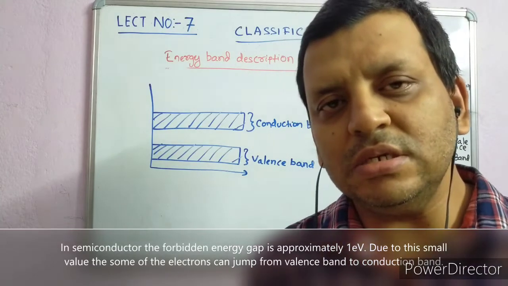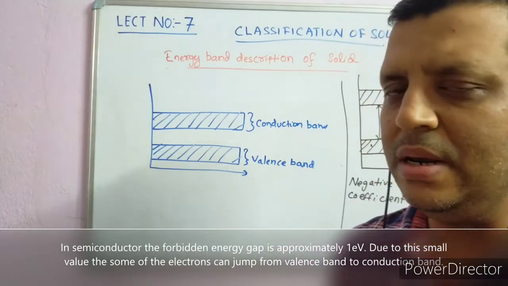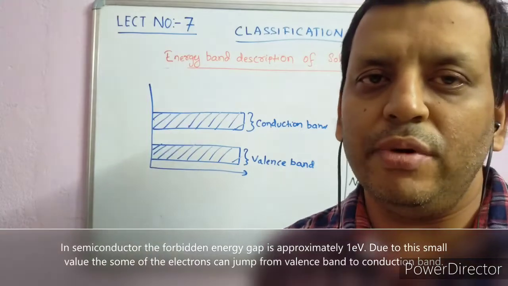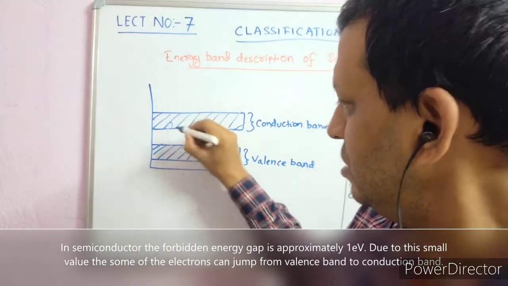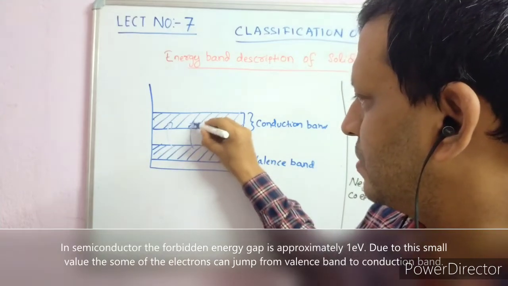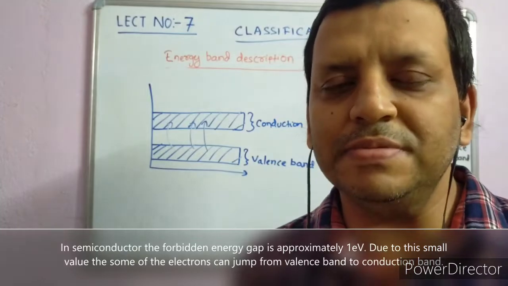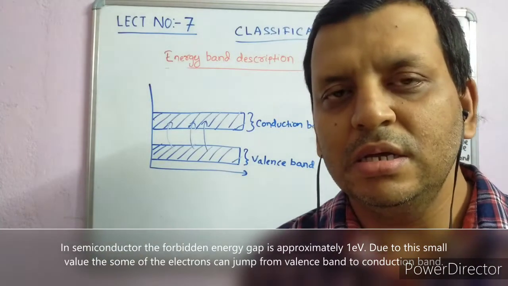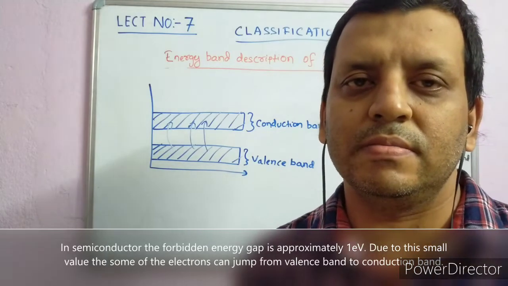And if we increase the temperature, some of the valence electrons will get additional energy and they will simply cross over to the conduction band. In this way we can see a substantial amount of electrons present in the conduction band, so it behaves like a conductor.